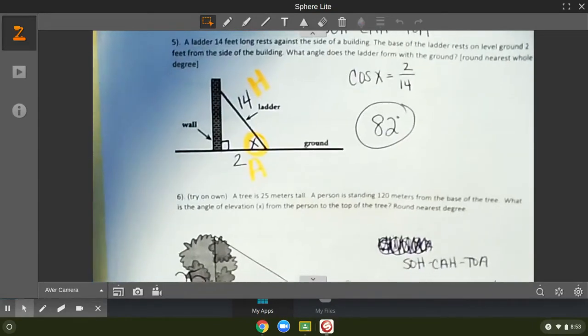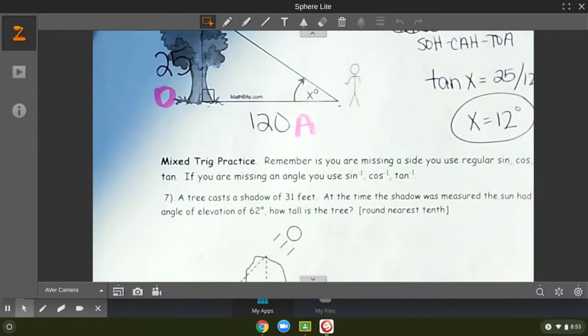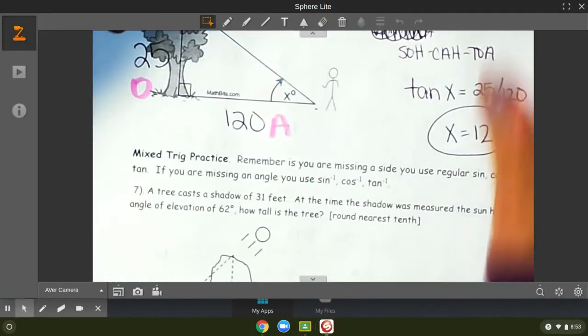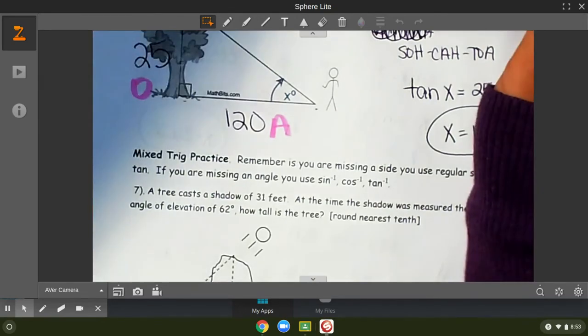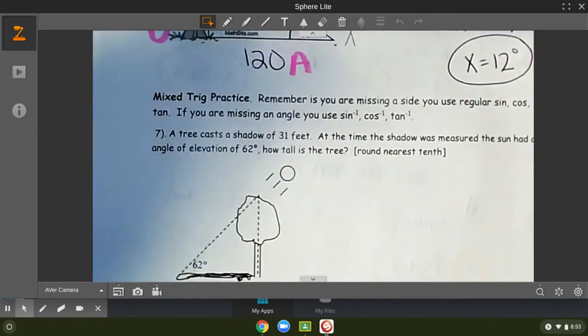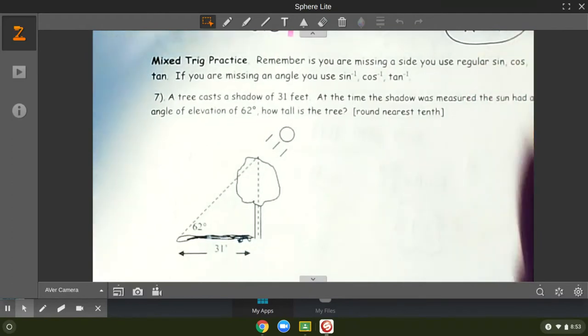This is when we have to do a little bit more critical thinking to know which method we're going to use. So what I'd like us to do next is just practice a few questions where we have to make the decision if we're going to find a missing angle or a missing side, and then know which method to use to solve.